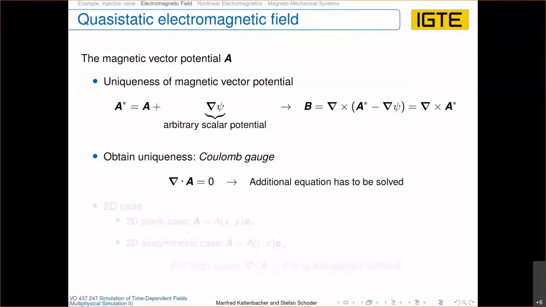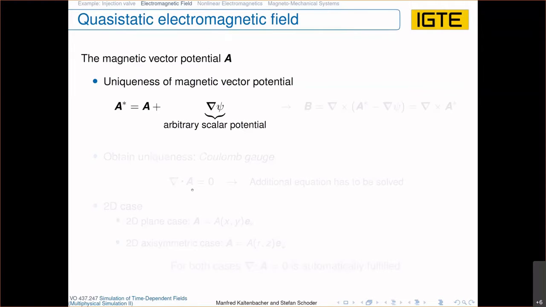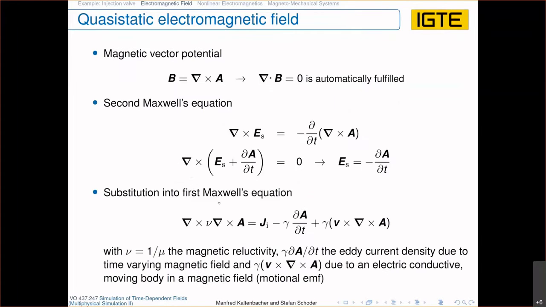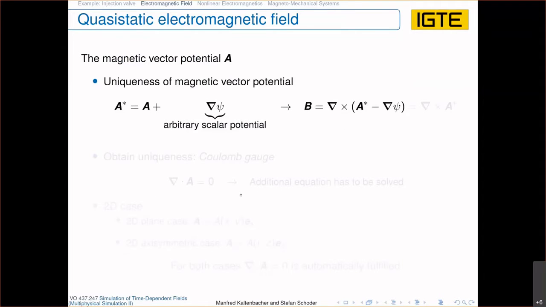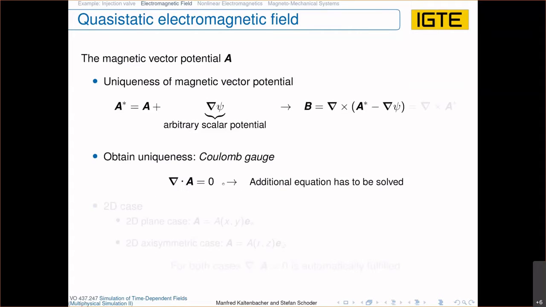The Coulomb gauge is the following: we set the divergence of the vector potential to 0, and that means we have to solve an additional equation. So if we go back to our partial differential equation, we also have to solve, in addition to this partial differential equation, a second one, that the divergence of A is equal to 0.